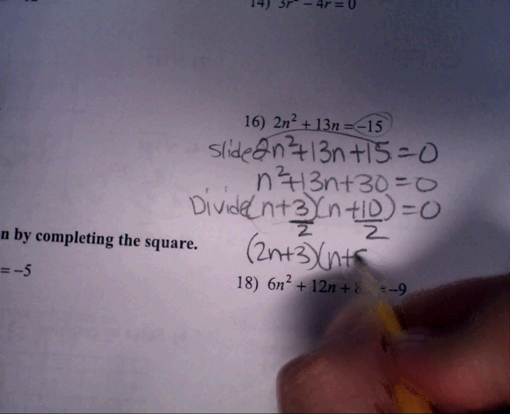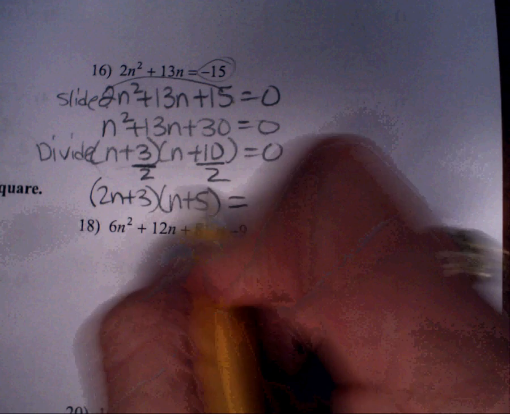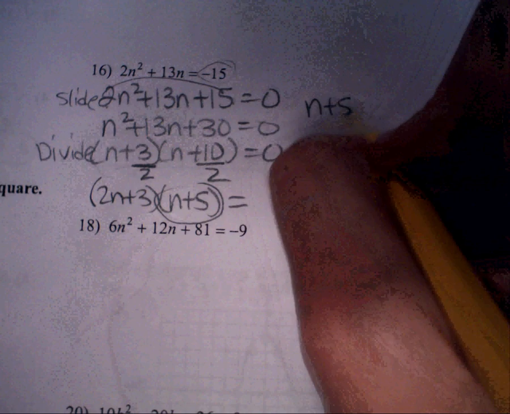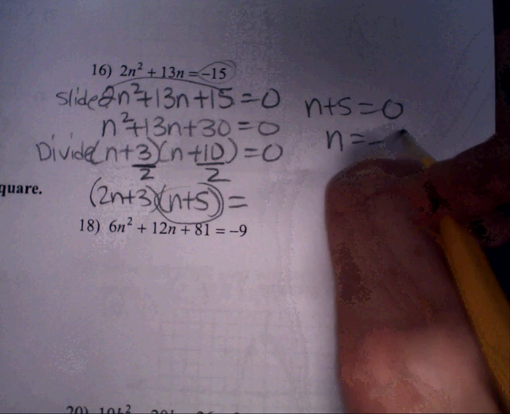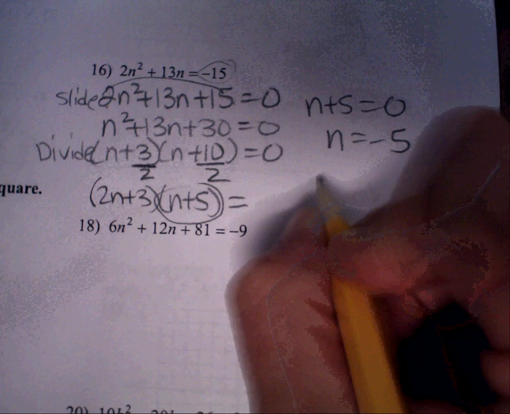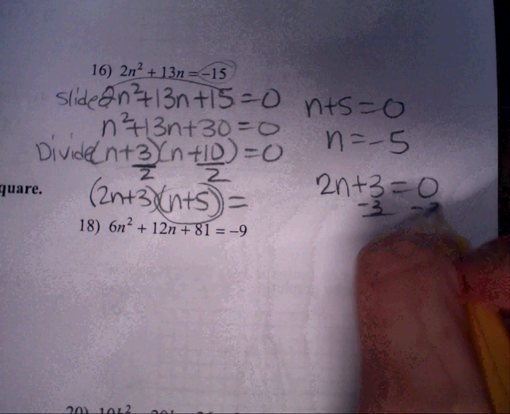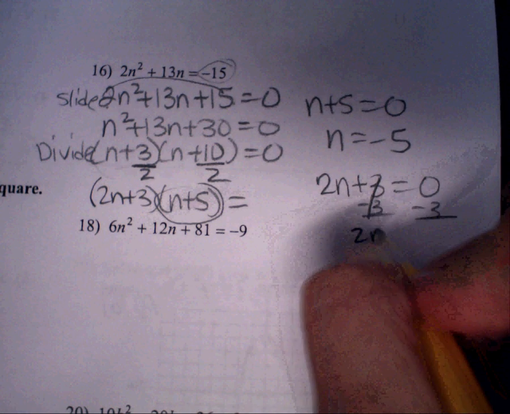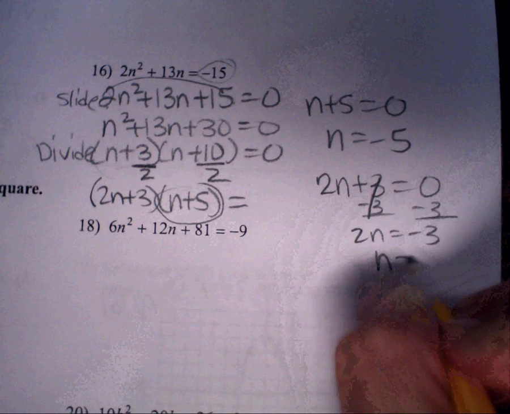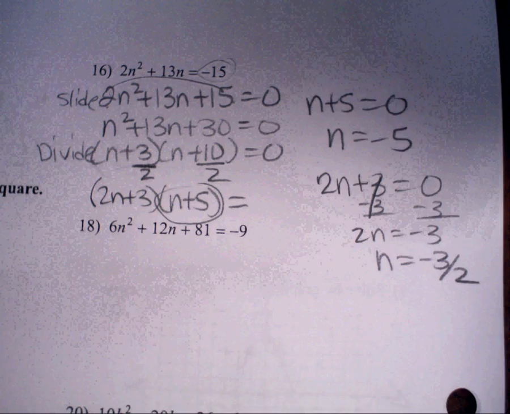This can, so it's n plus 5, and then I solve each parentheses. So n plus 5 equals 0, so n equals negative 5 when you subtract 5, and 2n plus 3 equals 0. And if you need to, you can work this out, but you don't have to because n equals negative 3 over 2.